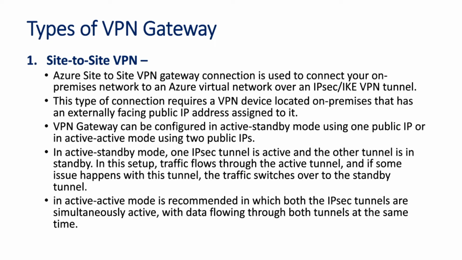In active standby mode, one IPsec tunnel is active and the other tunnel is in standby. Traffic flows through the active tunnel, and if some issue happens with this tunnel, the traffic switches over to the standby tunnel. So at a time we are going to use only one active tunnel. If something goes wrong with that tunnel, it automatically transfers your data to the standby tunnel.